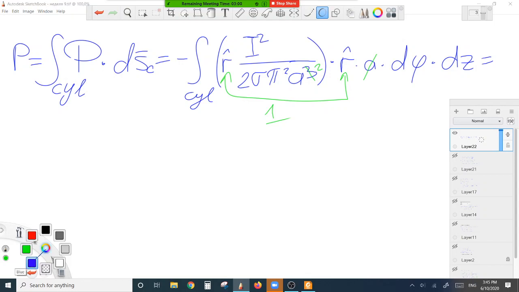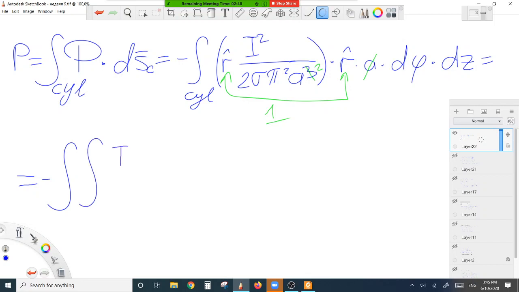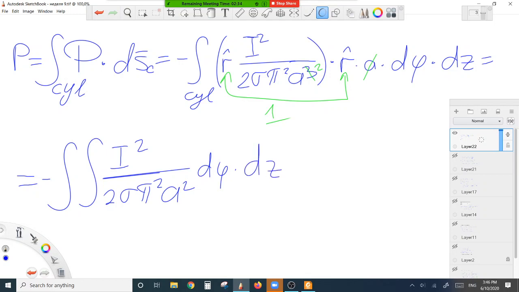Now let me write the double integral of I squared over 2 sigma pi squared a squared dphi dz.